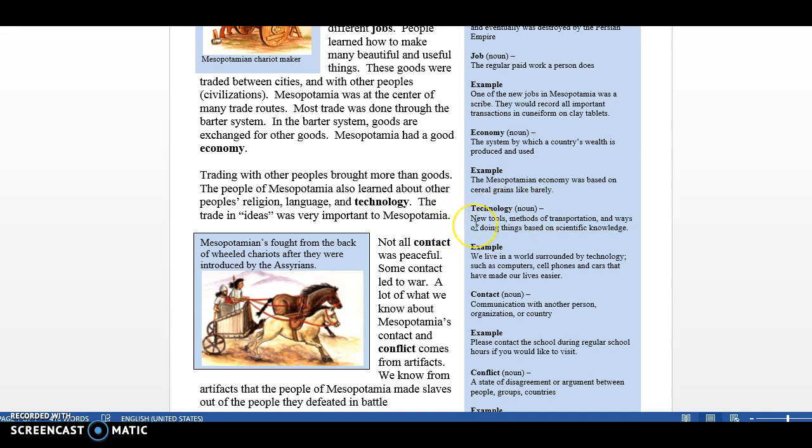Technology is a noun. For example, new tools, methods of transportation, and ways of doing things based on scientific knowledge. Example sentence, we live in a world surrounded by technology, such as computers, mobile or cell phones, and cars that have made our lives easier.